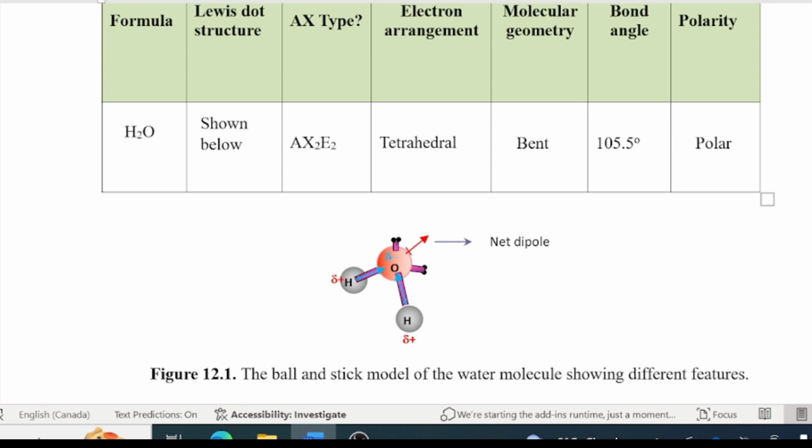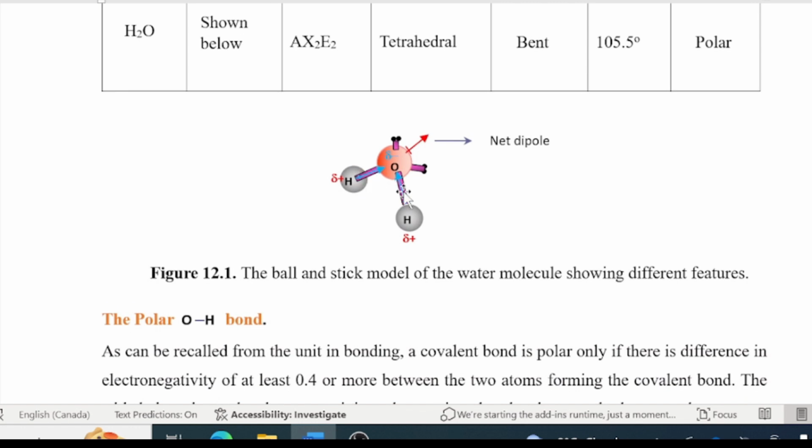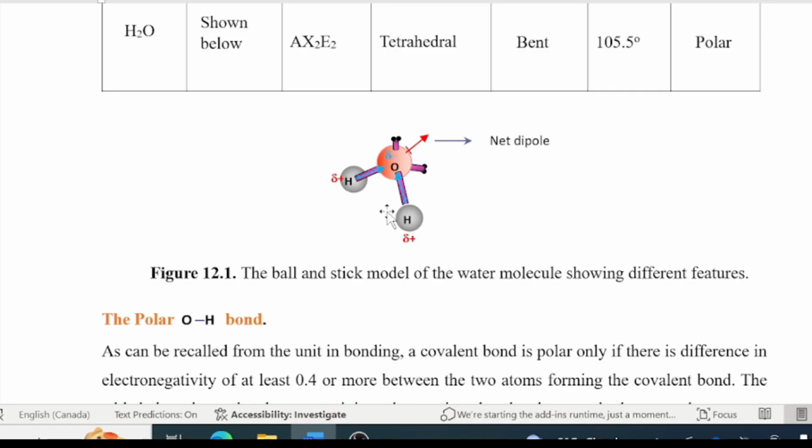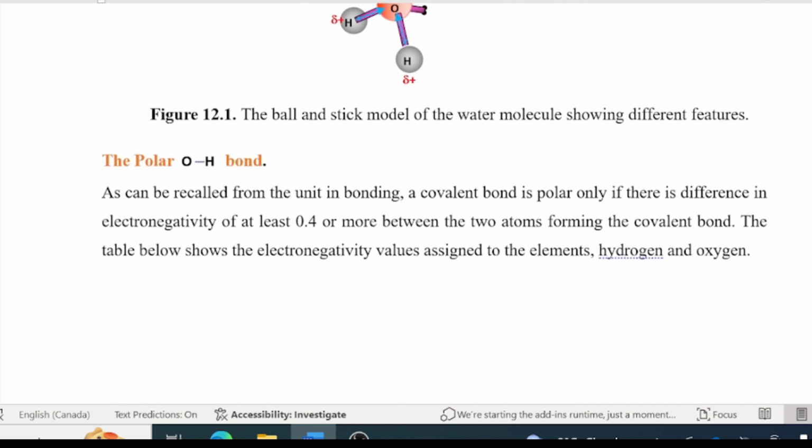It's a bent molecule, 105.5 degrees at bond angle, and it is a polar molecule. So here we see how these bonds are having bond dipoles. And now in the end you have a net dipole, with that end of the water molecule acquiring a small negative charge and this end here becoming slightly positive. Okay, the polar OH bond.